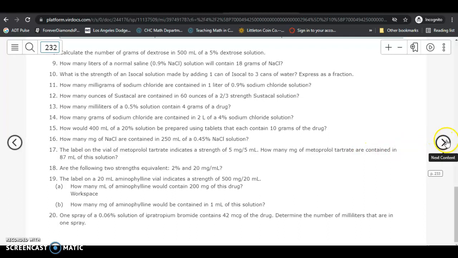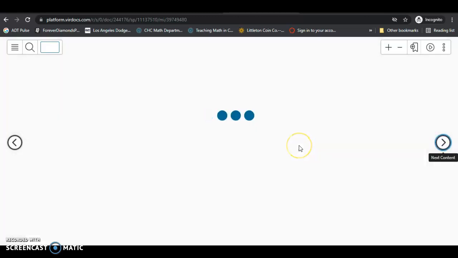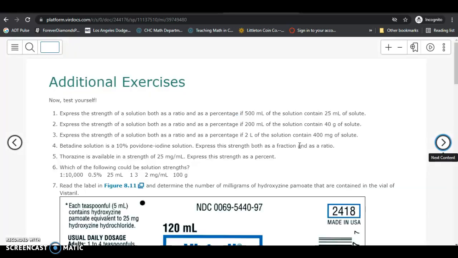It comes from the additional exercises section at the end of the chapter. Problem number 6 is one of the ones you're going to do. It simply says which of the following could be a solution strength. So you're doing the opposite of what we just did. You're identifying the choices here that are solution strengths.